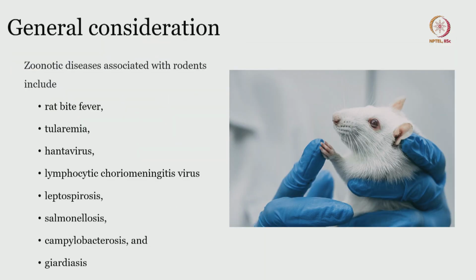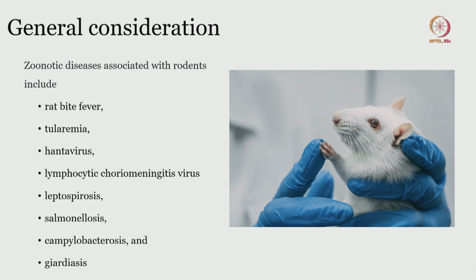First and foremost, you need to be familiar with the term zoonotic diseases. Zoonotic diseases are those conditions which are acquired as a result of handling animals. In a broader sense, a zoonotic disease is a disease acquired by handling any animal, transmitted from the animal to humans.